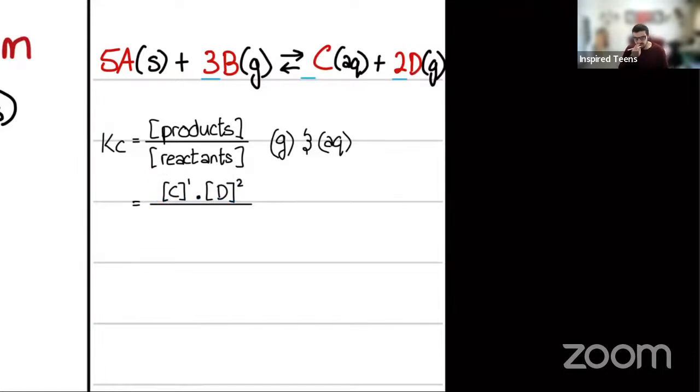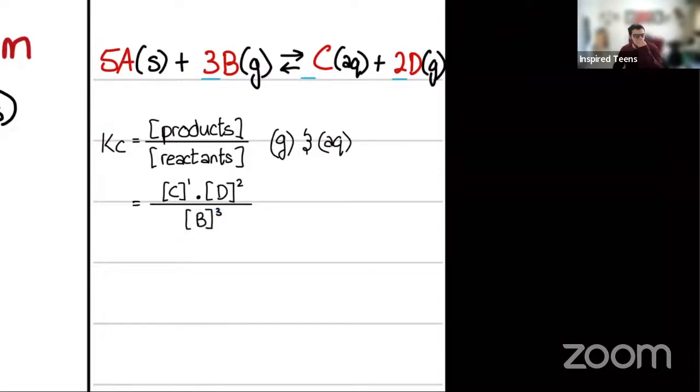So the concentration of C times the concentration of D squared, divided by the concentration of the reactants. We only take into consideration gas and aqueous, so the only one we have is B, the concentration of B to the power of its molar ratio, which is 3.